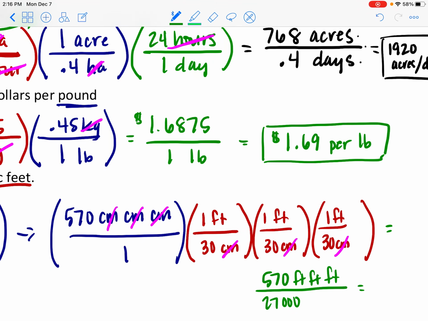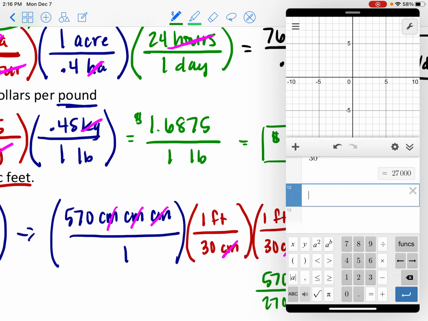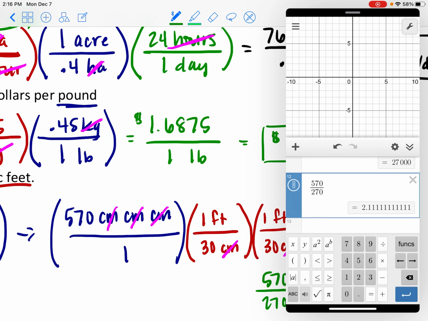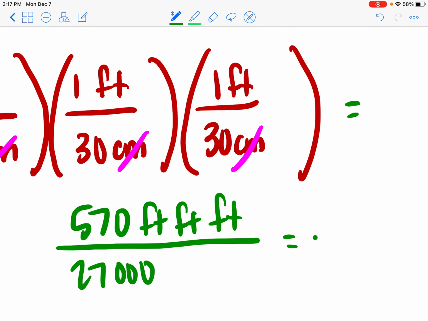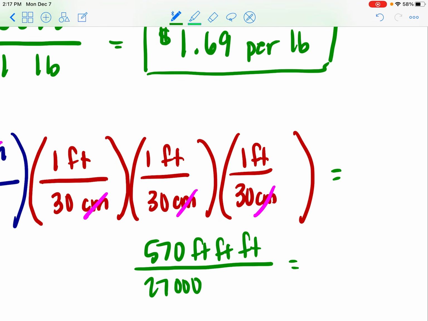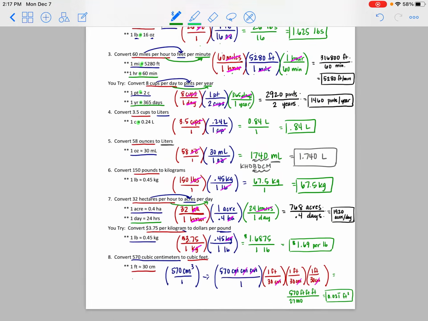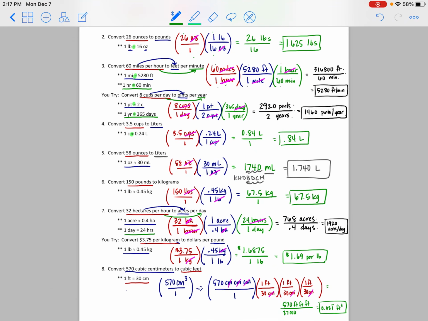So what do I end up with? 570 divided by 27,000 is 0.02, and then the 1 repeats. So 0.02, and the 1 repeats, and that's feet cubed. Feet times feet times feet. Cubic feet.